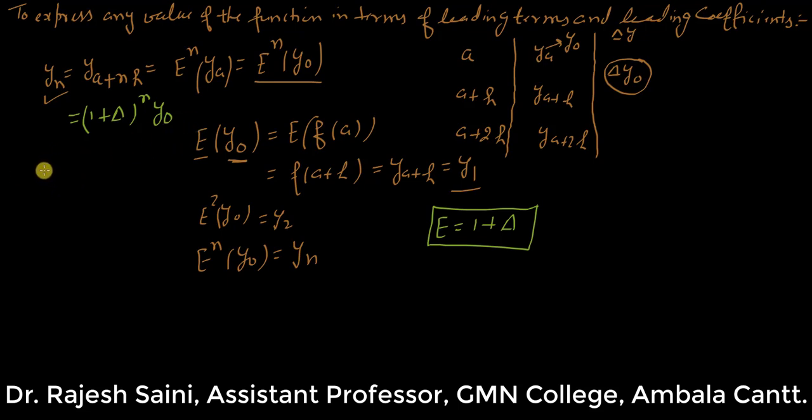Fine. So here you can expand it with the help of the binomial theorem, and that will give the required result. We expand it: 1 plus nC1 delta plus nC2 delta square plus nC3 delta cube, up to delta n, applied on y naught.